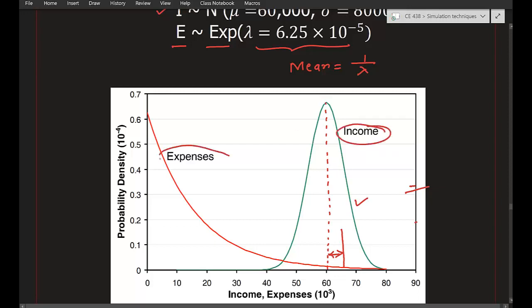Similarly, we can plot a probability density function for expenses with the given parameter lambda. This shows the exponential distribution of expenses. Now we can see income and expenses are random variables, and correspondingly the PDFs are shown in this figure.